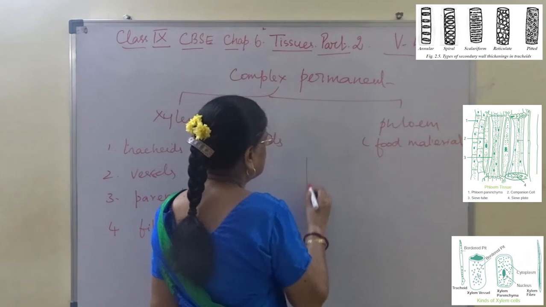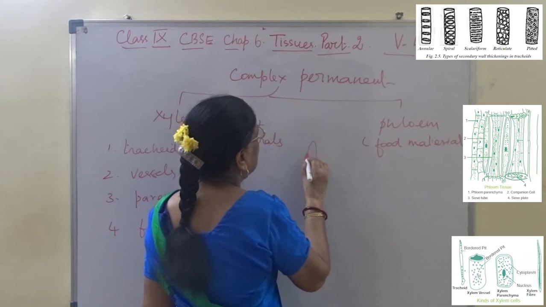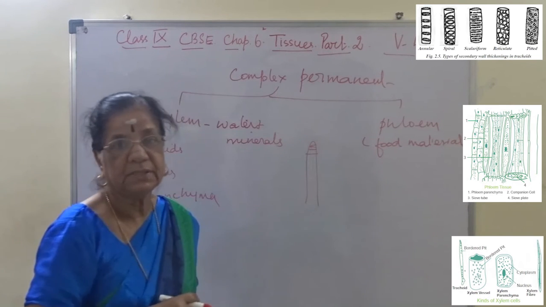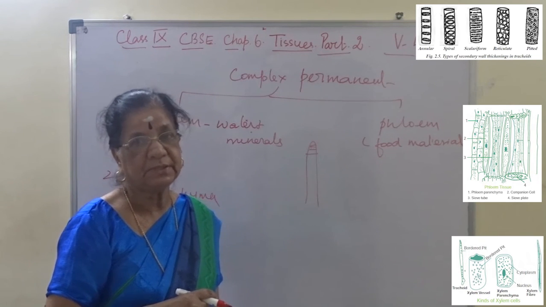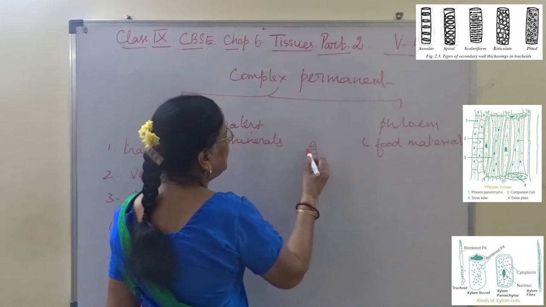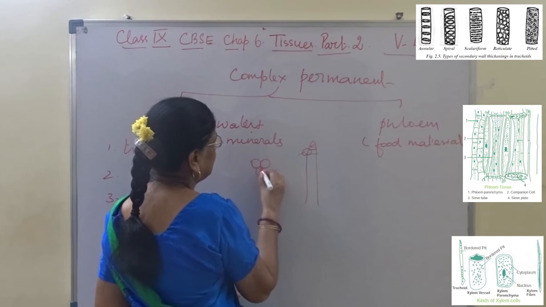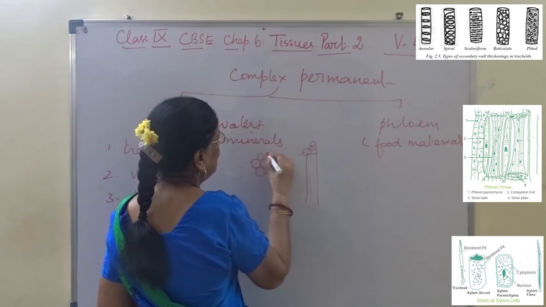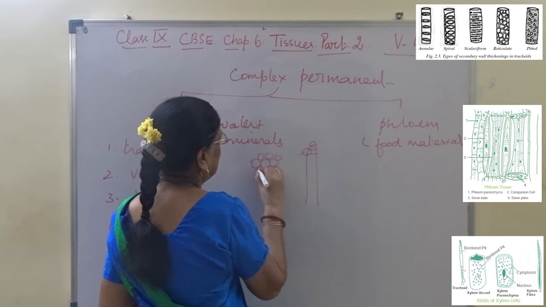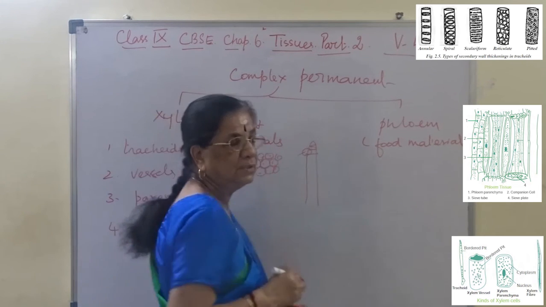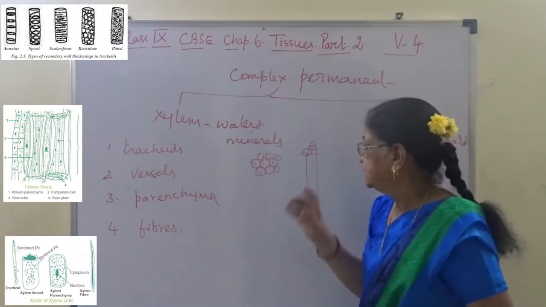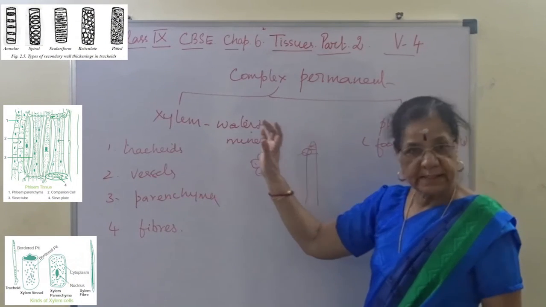Normally, this xylem and phloem, they are arising from the apical meristem region. Suppose this part of it, I say a group of cells like this. A group of cells from this apical meristem region is differentiating into xylem.